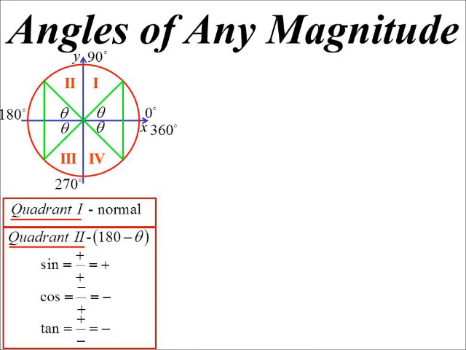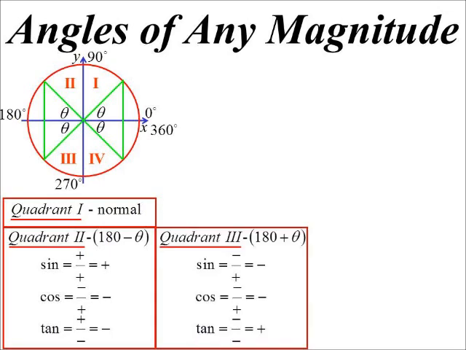So positive over positive, we know sine would be positive in the second quadrant. Cosine, though, would be negative because our adjacent is actually in the negatives on the x-axis. So we get a negative value over the positive, so it's negative. Tan also is negative because we get opposite, which is positive, over adjacent, which would have a negative coordinate there.